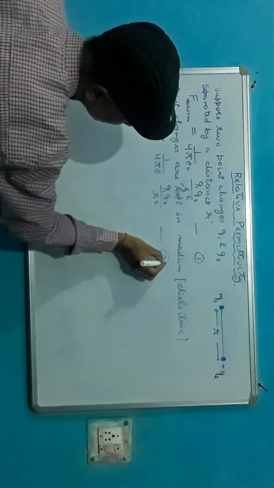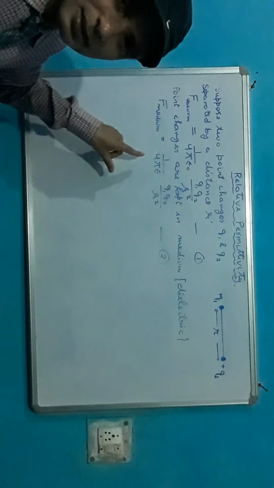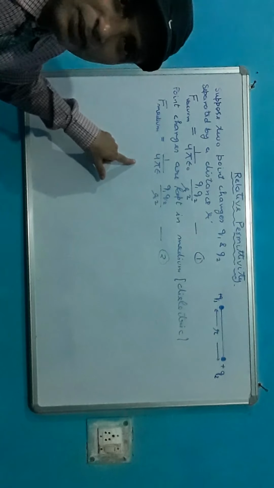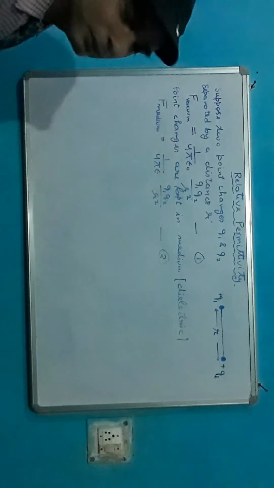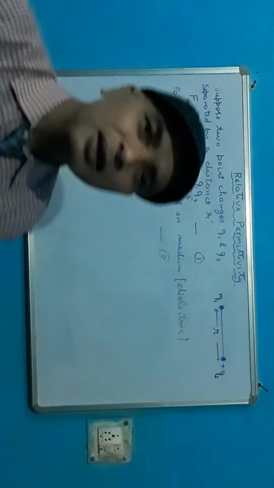Once again, the magnitude of the force. Here I have written epsilon, which is the permittivity of the medium. Here I have written epsilon naught, which is the permittivity of free space.